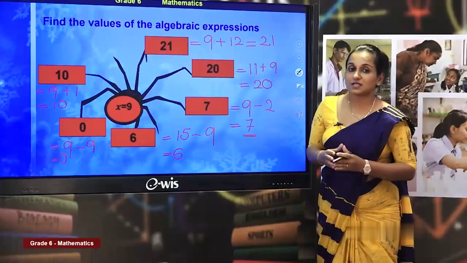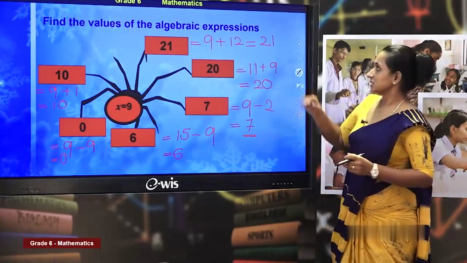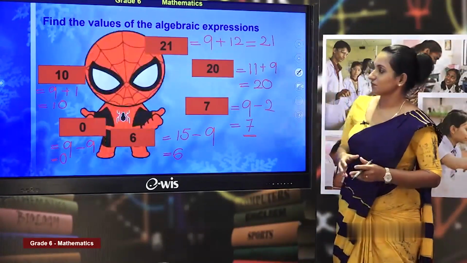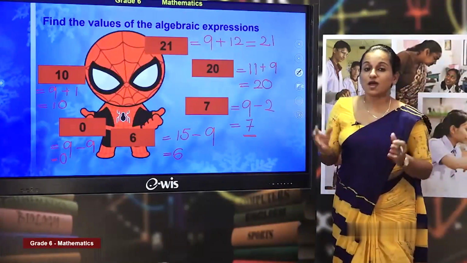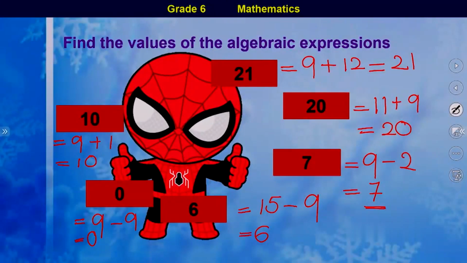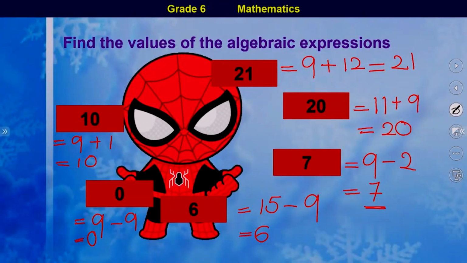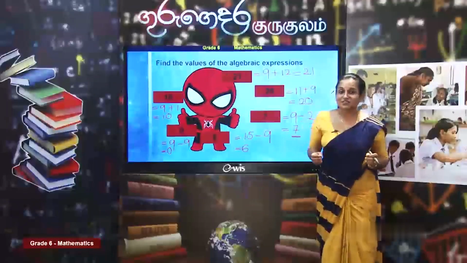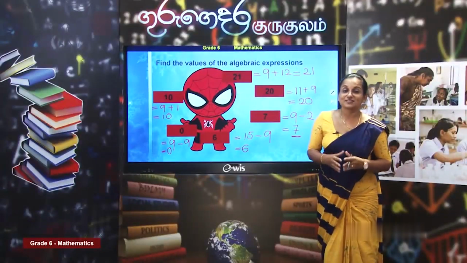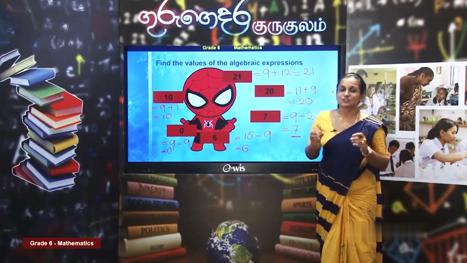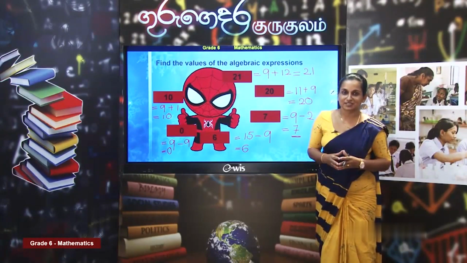Now let's see what will happen to this algebra spider. Wow, you have made a superhero from this algebra spider. Okay children, I hope you enjoyed substituting values to algebraic expressions.